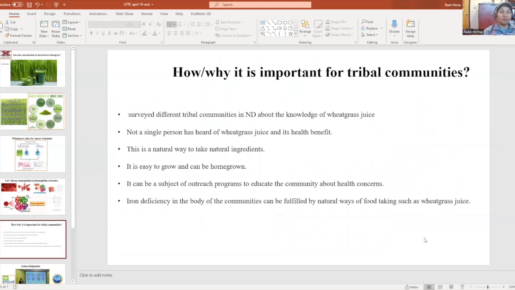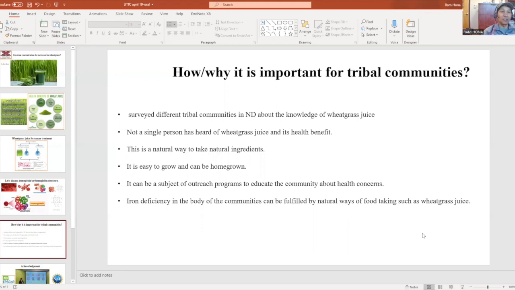Now, when we surveyed different tribal communities in North Dakota about the knowledge of wheatgrass juice, nobody said that they knew about or had heard about wheatgrass juice and its health benefits.